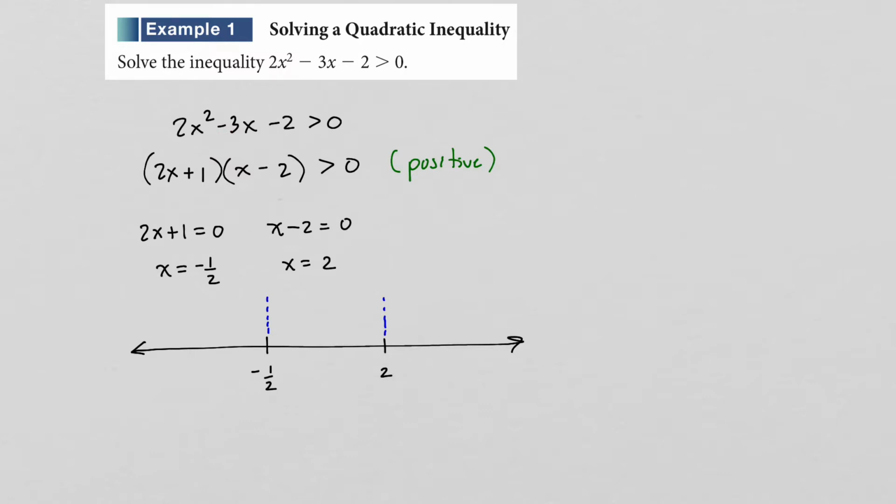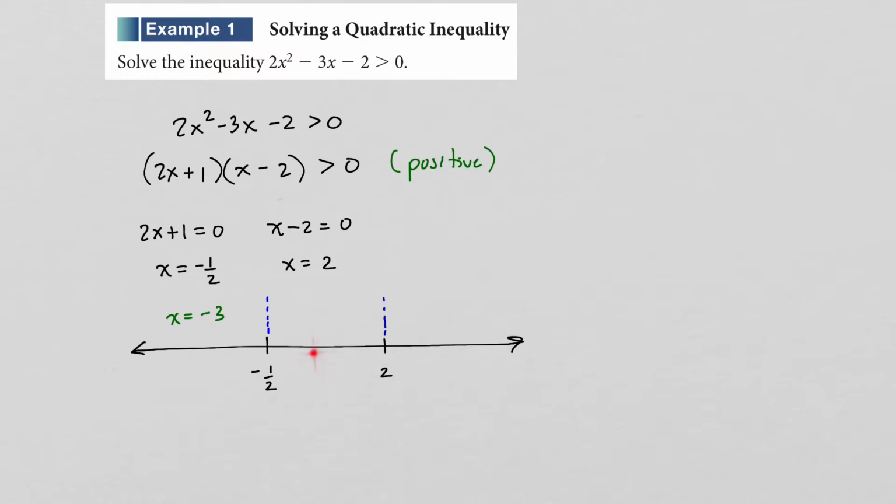Now what we can do is pick a test number from each one of these regions. So when I look at the region where x is less than negative 1/2, I'm going to pick a representative from that region. You can pick any number that is less than negative 1/2. I will choose negative 3.